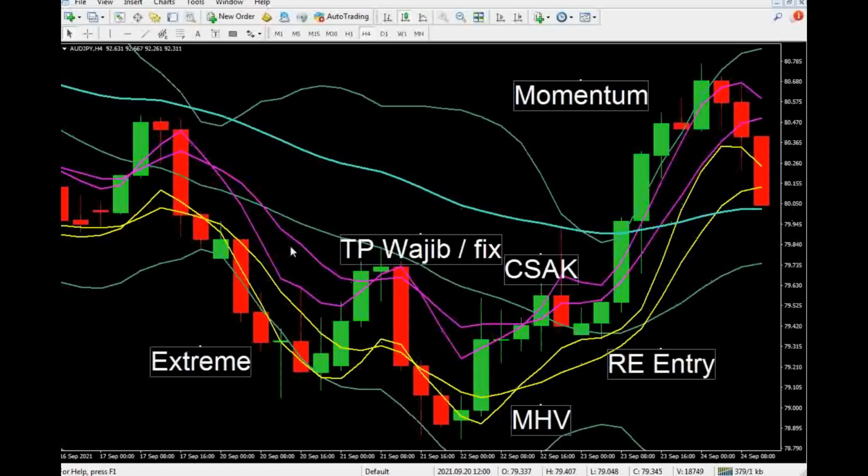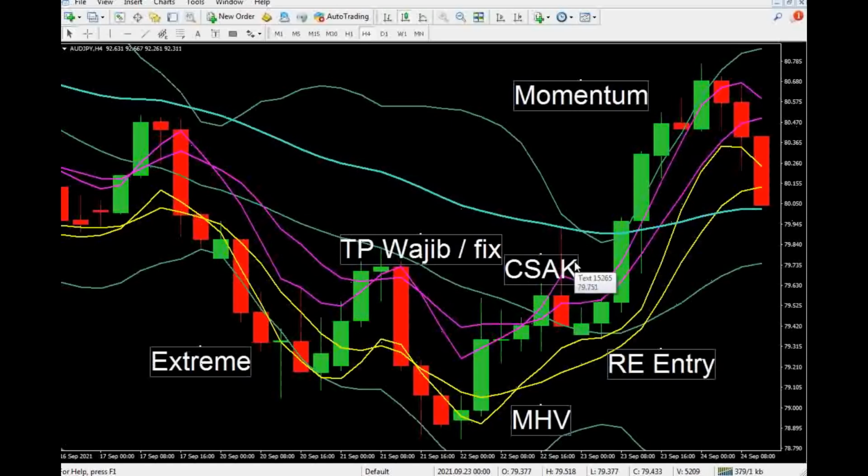Meaning in English, I do forget how to say it. Oh, it is direction. Arah means direction. So sometimes the market makes a structure of only CSA.